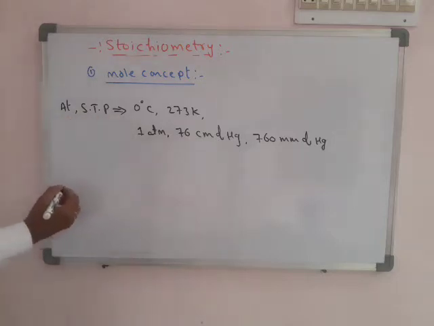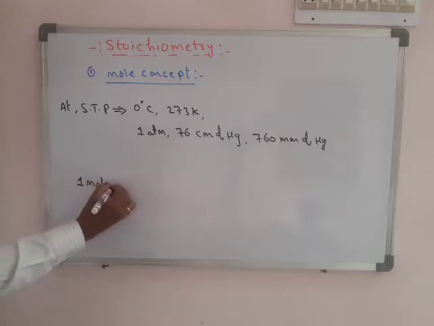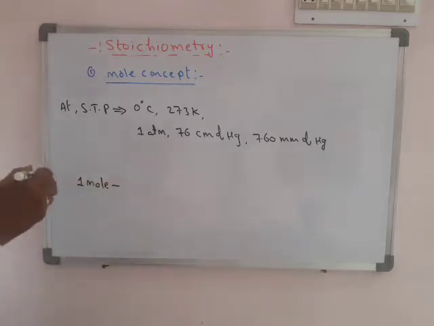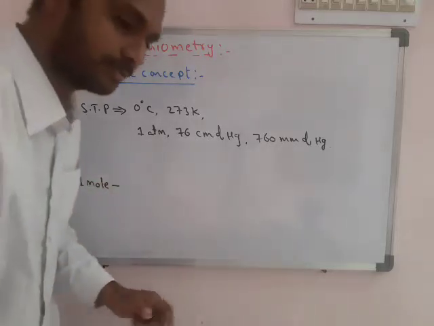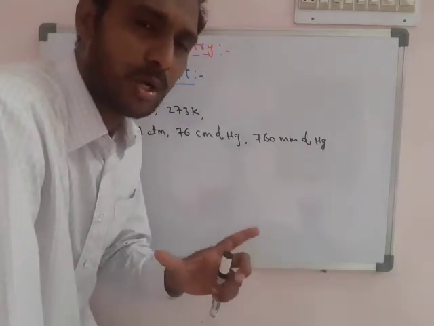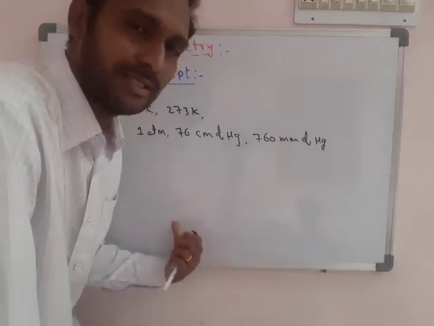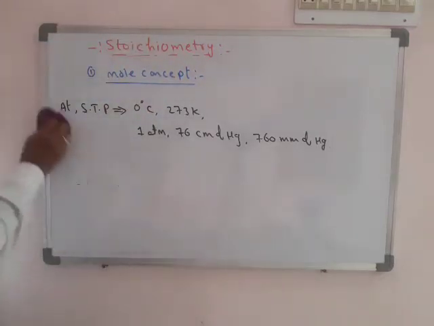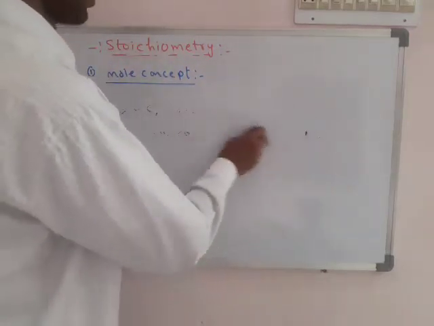At STP conditions, what is 1 mole? We have to remember this relation throughout the chapter, because the total problems on the mole concept are based on these relations. Let me write every point on the board.